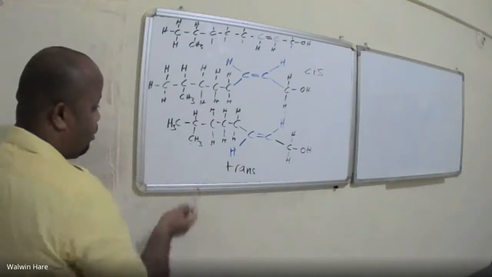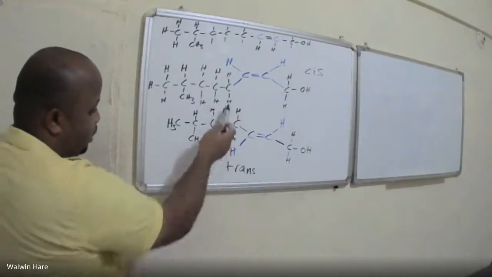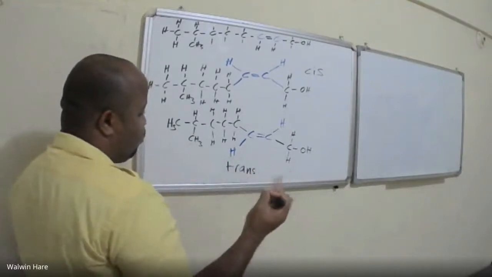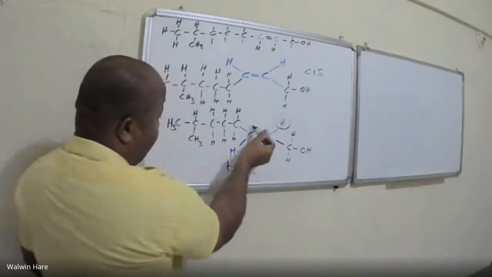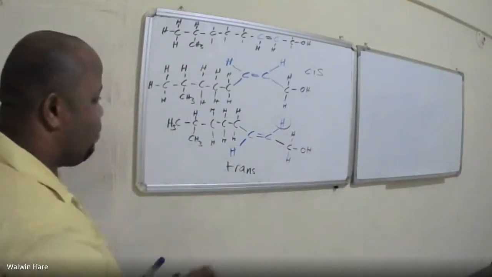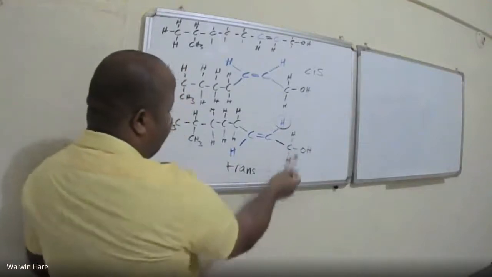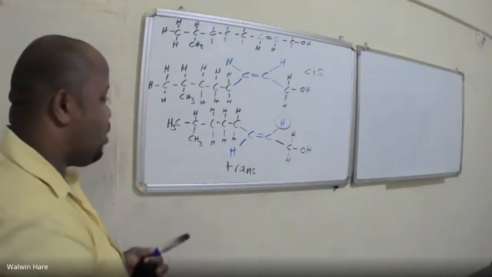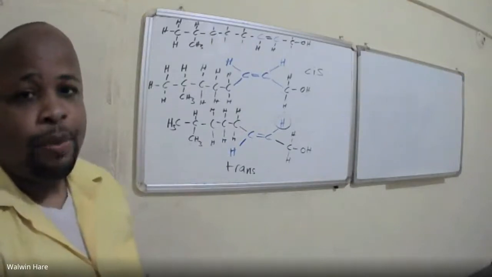Alright, so it's not chiral. We move to this carbon, it has 2 hydrogens. Alright, we cancel that, right? These 2 carbons only have 3 groups attached. This carbon, 1 group, everything on this side, that's a group, and this is a group. So that's 3 groups, and it must have 4 groups. This carbon here has 2 hydrogens, so it cannot be chiral. So there are no chiral centers, no chiral carbon present in the compound. So it cannot be an optical isomer.